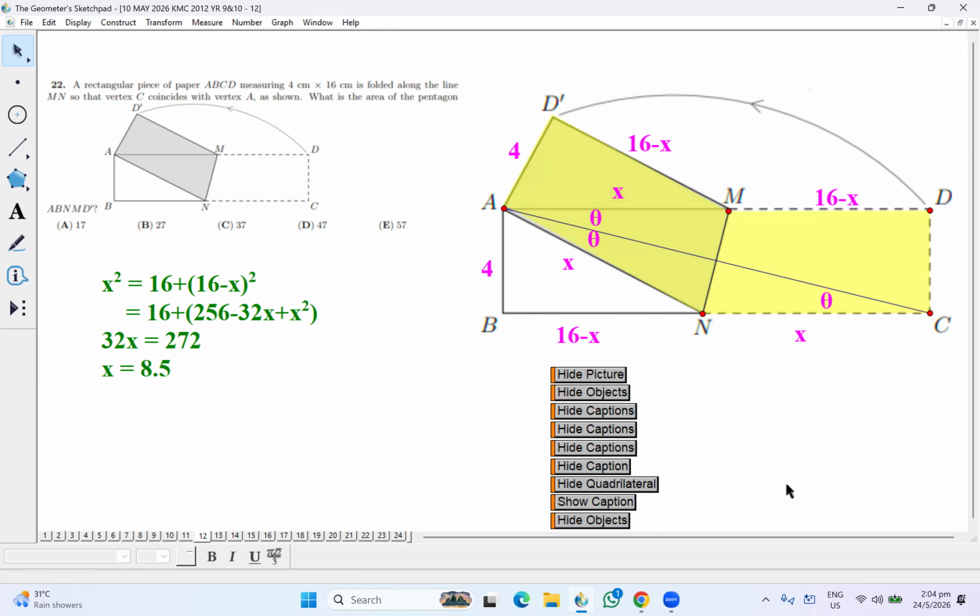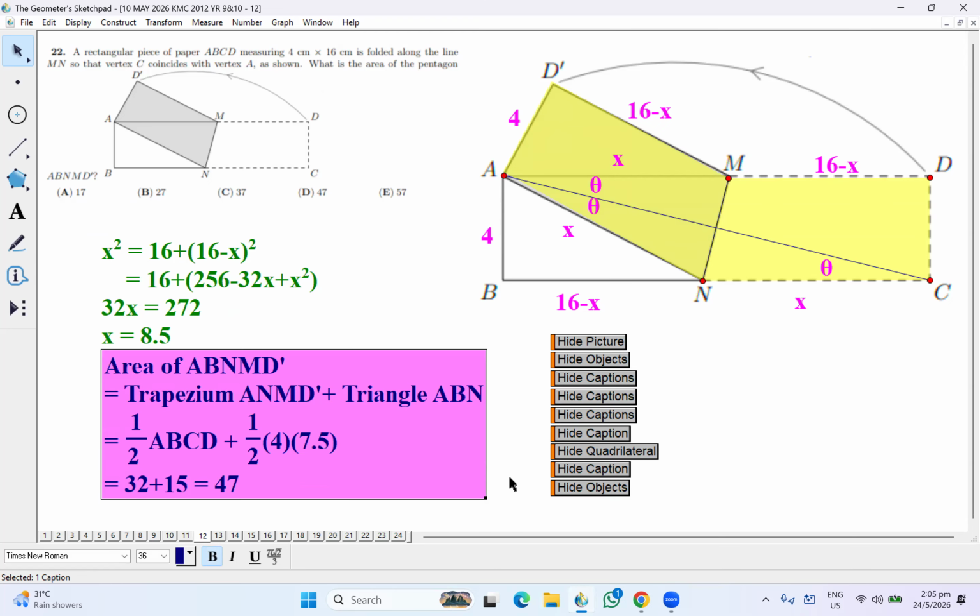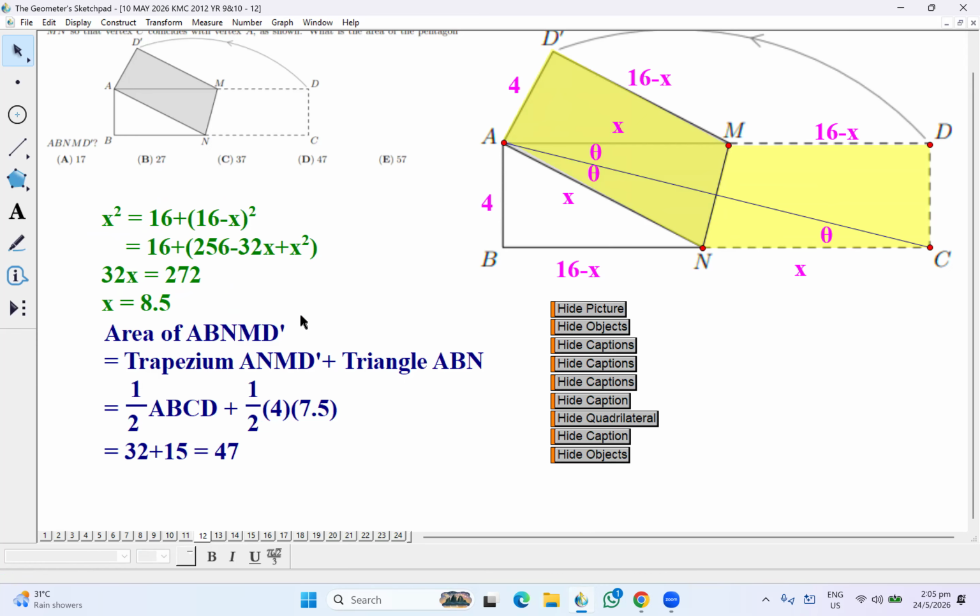Okay. So the trapezium part, that is 4 times 16. Area of the trapezium is half the rectangle.